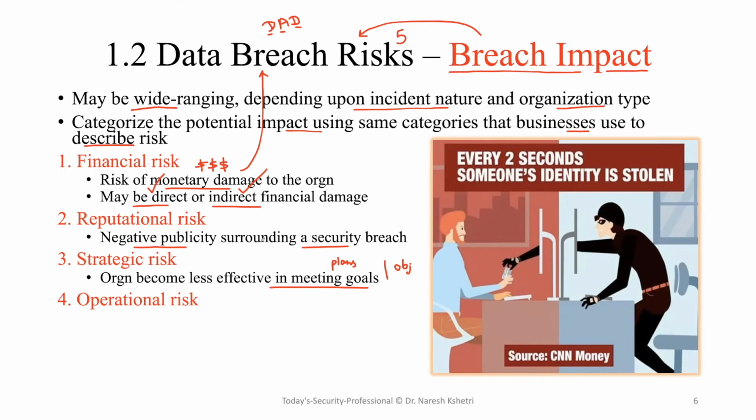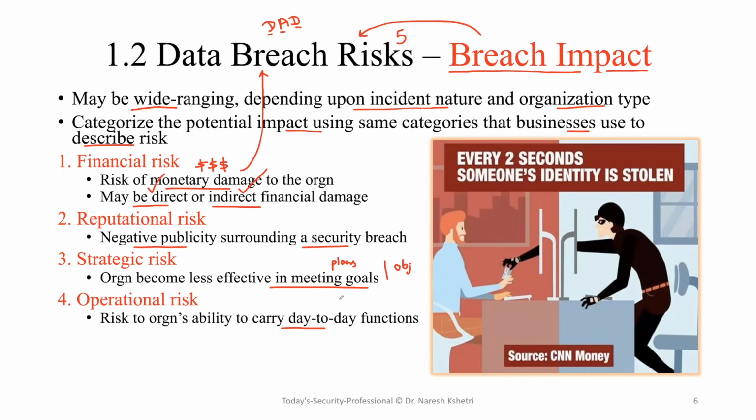The fourth one, very important, is operational risk. That means the organization's ability to carry out its day-to-day functions. Operational risk may slow down the business process, delay the delivery of customer orders, or be time consuming because of manual work around the normal automated practice.